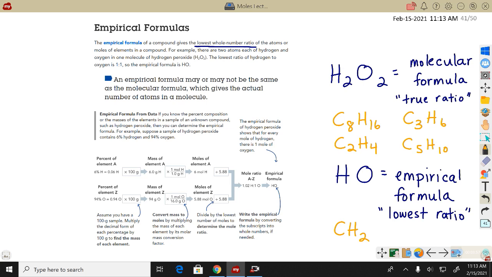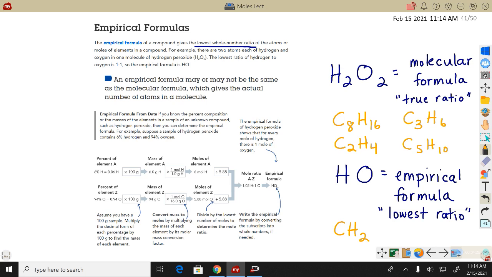Ionics always exist as that simplest ratio, the simplest repeating pattern in the crystal. I would never leave an ionic formula with a ratio of 2-to-2. We would simplify that to a 1-to-1 ratio to show the simplest repeating pattern of the crystal. Now, sometimes covalents are empirical formulas, and sometimes they're bigger ratios, and they would exist as a molecular formula.